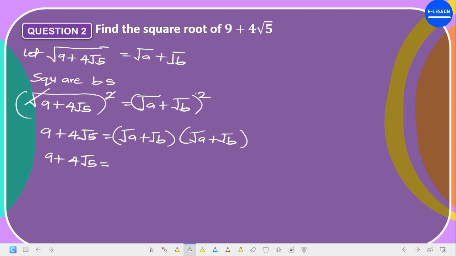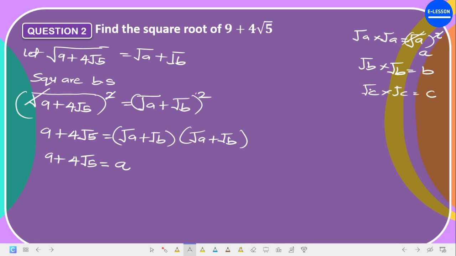So this gives us root A times root A is A, because it's root A squared. Square cancels root and we are left with A. Root B times root B is B. Root C times root C is C. Root 1 million times root 1 million is what? 1 million.